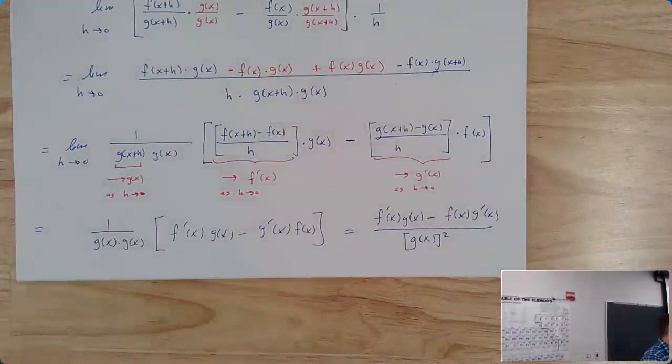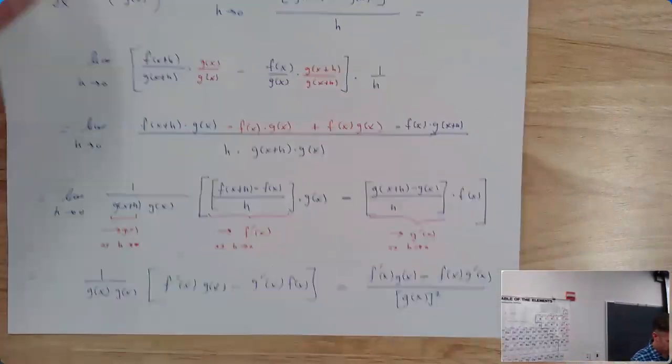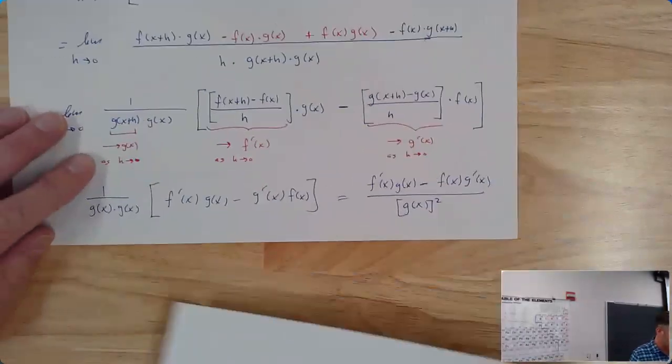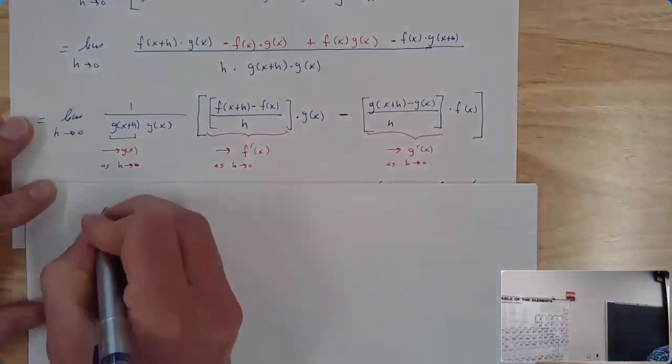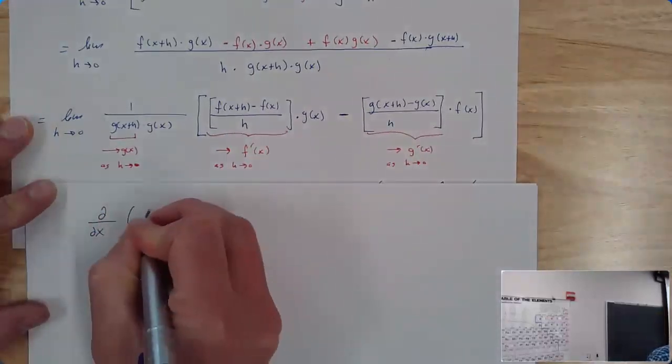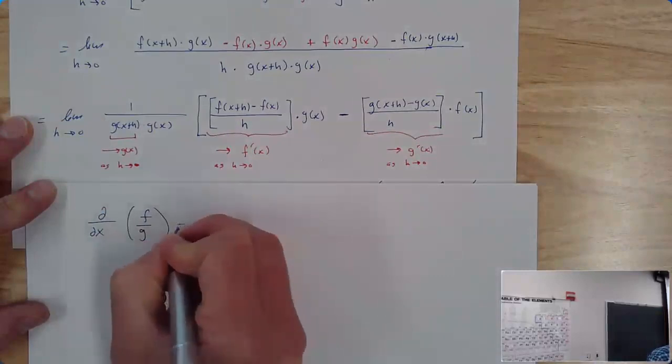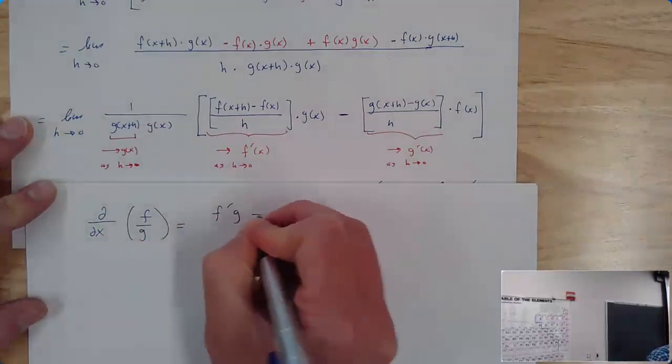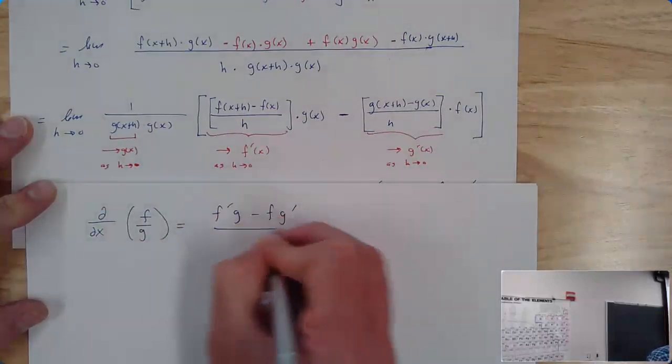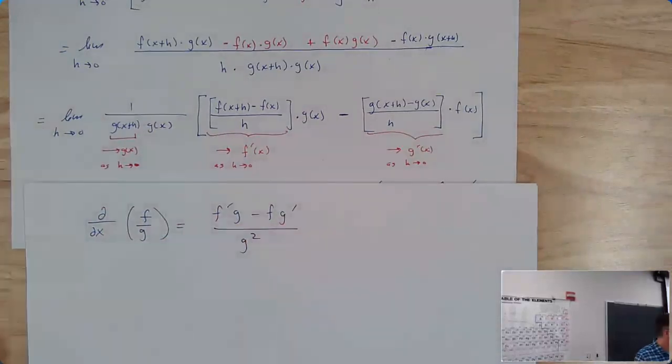That's your quotient rule. So just to write it out again so you can see it: the derivative of f divided by g is f prime g minus f g prime, all over g squared.